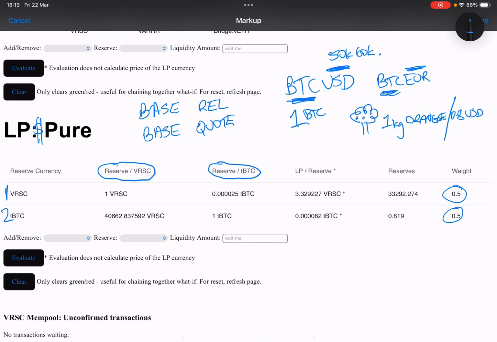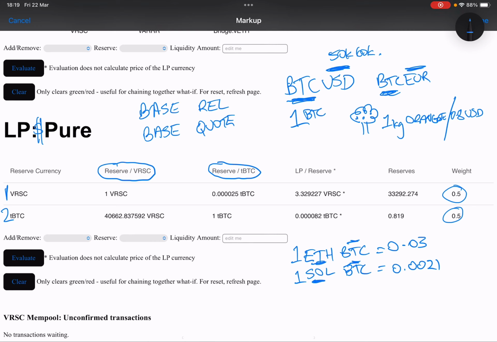We'll price things in Bitcoin first because we're more familiar with pricing things on a centralized exchange in Bitcoin. Approximately 1 Ethereum base currency quoted in Bitcoin is 0.03. 1 Solana quoted in Bitcoin, base currency Sol, quoted in Bitcoin is 0.0021 or something these days.